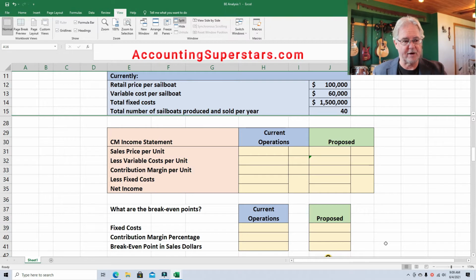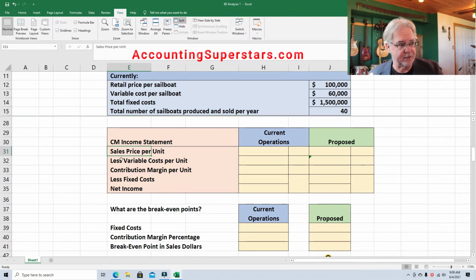It's really powerful, and you can use this to solve so many different issues in business. So here's our little income statement. It's just sales price per unit, less variable cost per unit. If you do a little subtraction there, you get contribution margin per unit. And then if you subtract the fixed costs, you'll get the net income.